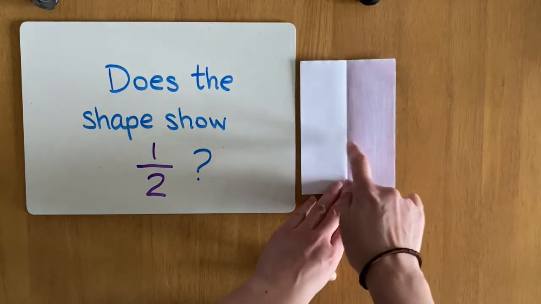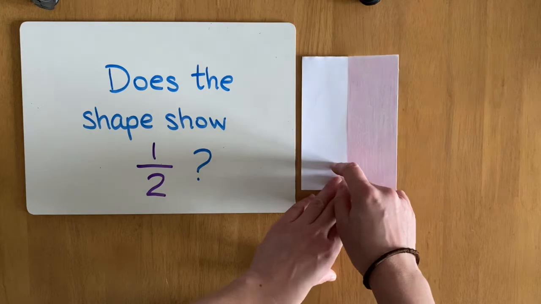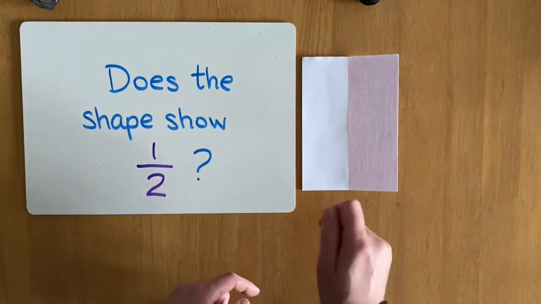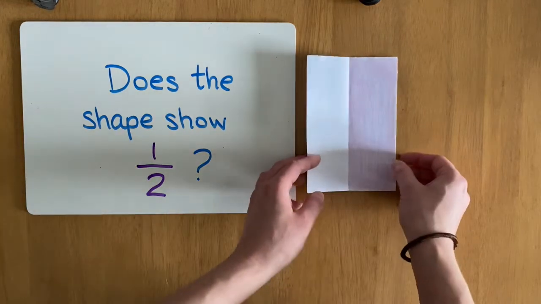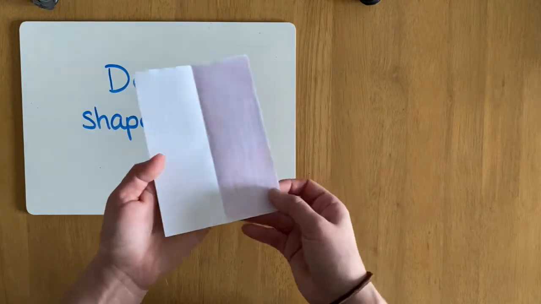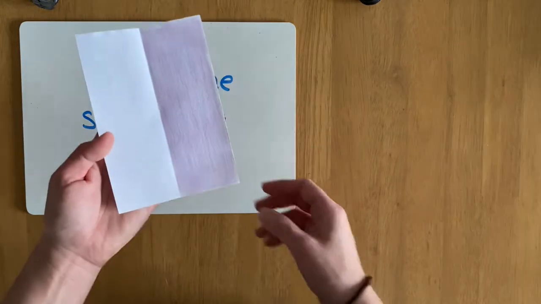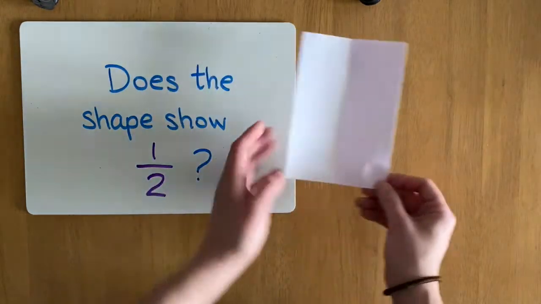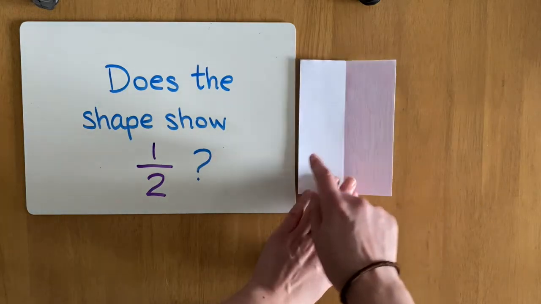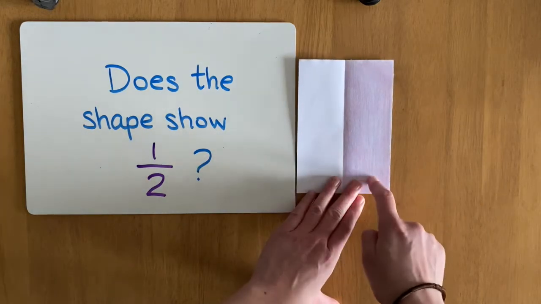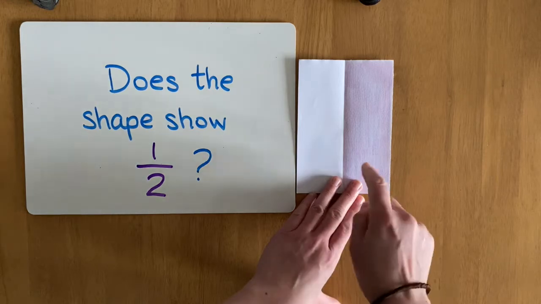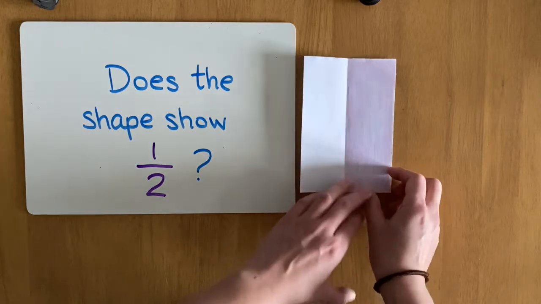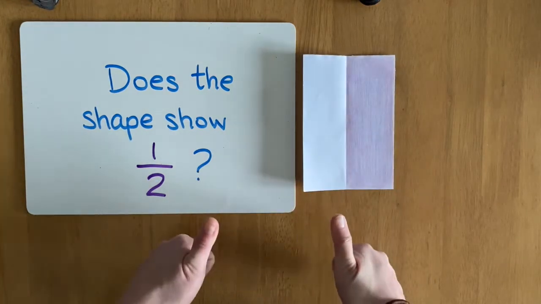Yes, it is split into 2 equal parts. And are we holding, or are we coloring in one of those parts? It's a bit hard for you to see the color, but yes, this side is colored in kind of a pinky purple. So we have split it into 2 equal parts and we're holding one of those parts. So this shape does show 1/2.